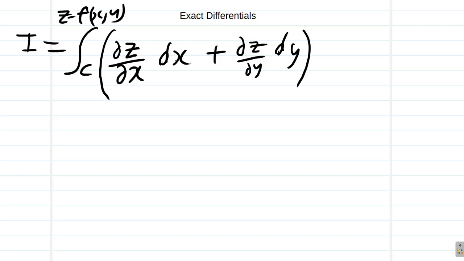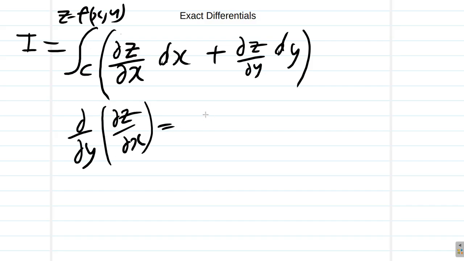Now, if you should find delta by delta y, you differentiate delta z by delta x with respect to y. What you're going to get is delta square z by delta y delta x.